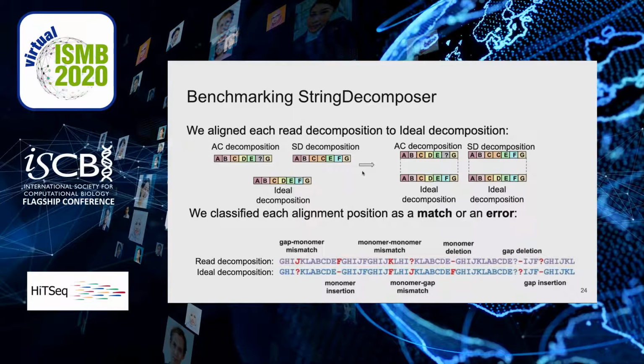We built alignments of String Decomposer and Alpha Centauri decompositions to ideal decomposition. We classified each position in such alignments as a match or error. Here, the violet string represents the read's decomposition, and the blue string represents ideal decomposition.